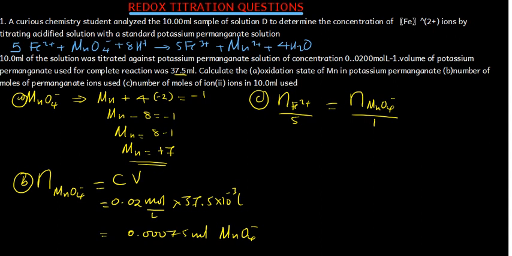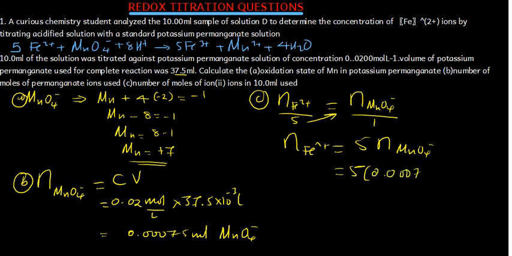So the number of moles of iron 2 plus equals 5 times the number of moles of permanganate already calculated, 5 times 0.00075 moles. That gives us 0.00375 moles of iron 2 plus. Right.